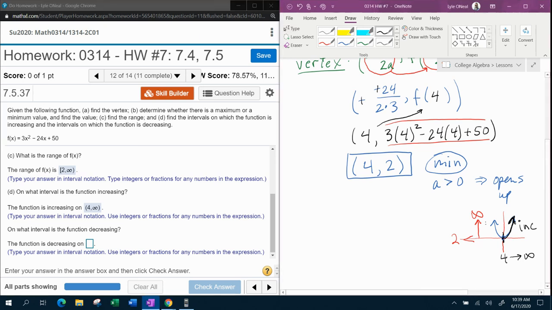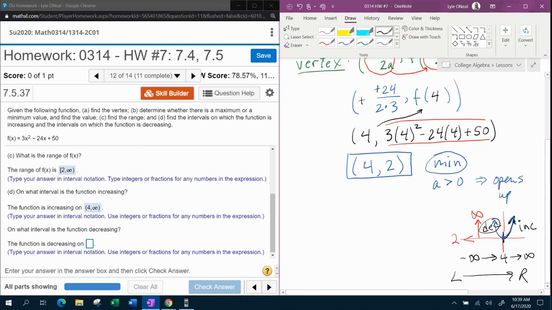Okay, so over here we are decreasing, and that's going to be from negative infinity up to 4. Okay, so notice when you're doing your increasing and decreasing, you're always moving from left to right. Okay, so that means we're going along the x-axis. So we use x values for increasing, decreasing, and constant.